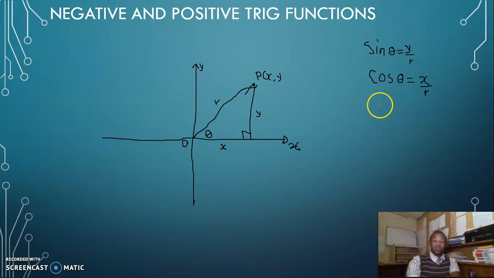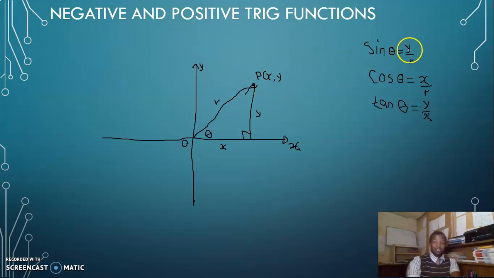And then you've got the last trigonometric function, which is tan theta, which is going to be equal to opposite. Remember, it's TOA, so it's going to be y over x.